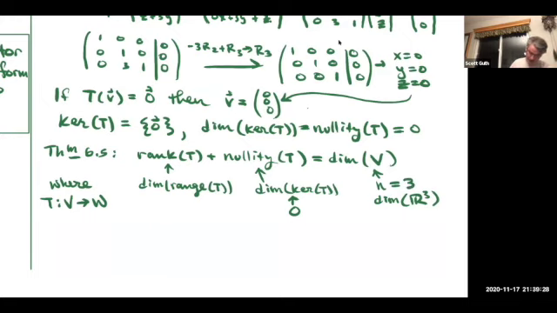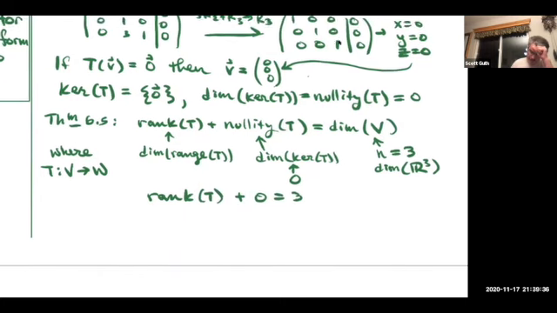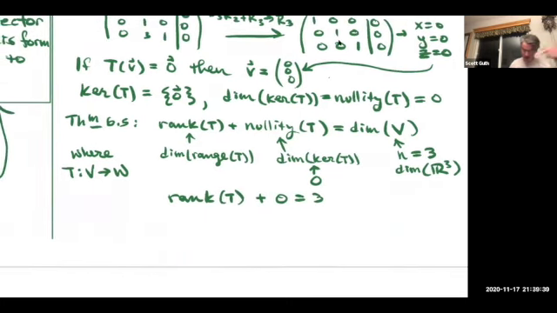and so the rank of the transformation plus 0 is 3. So that is to say the rank of the transformation is 3, which means the dimension of the range of T is 3.